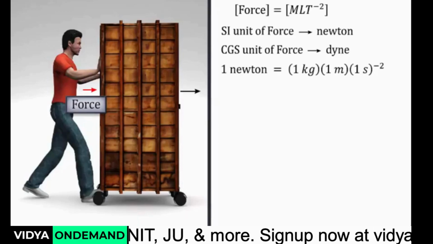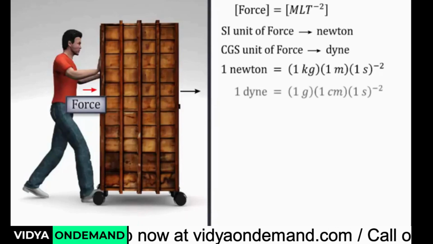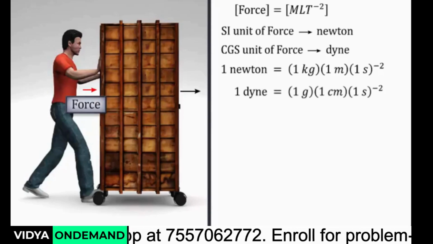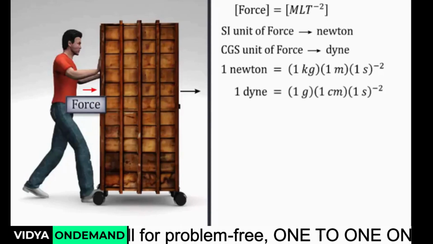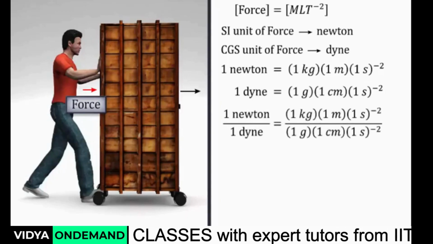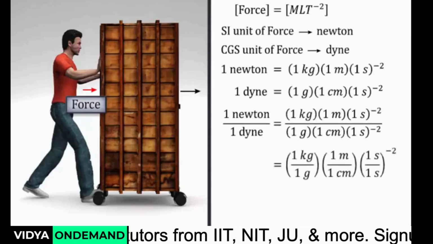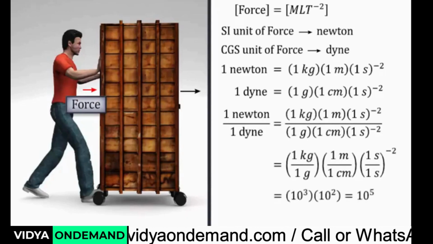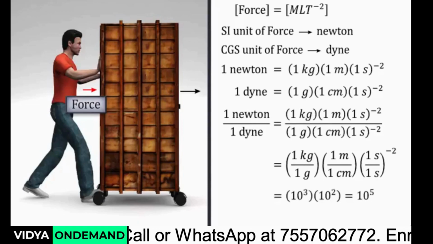Similarly, 1 dyne is equal to 1 gram into 1 centimeter into 1 second power minus 2. Now, we divide 1 Newton by 1 dyne and find the ratio of Newton to dyne as shown. Thus, 10 power 5 is the conversion factor to convert Newton to dyne.